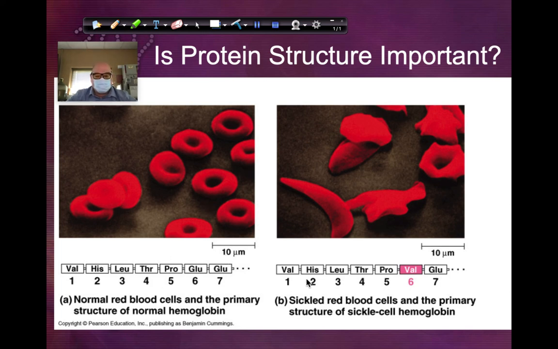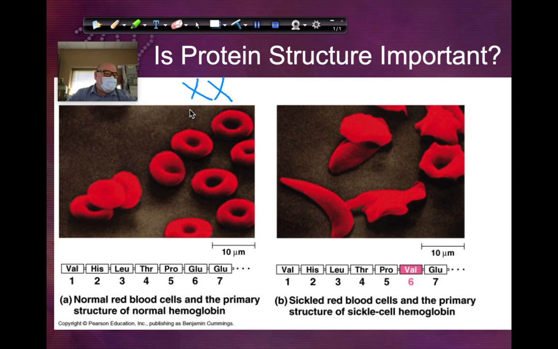Now remember, you have 23 pairs of chromosomes. So you might have a functional copy of the gene on one chromosome. Say this one's from dad and mom's the carrier. You might have a non-functional one on this side.